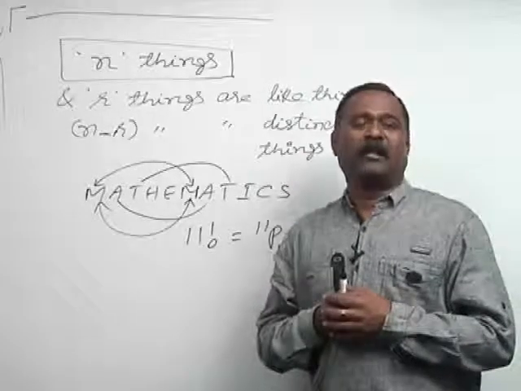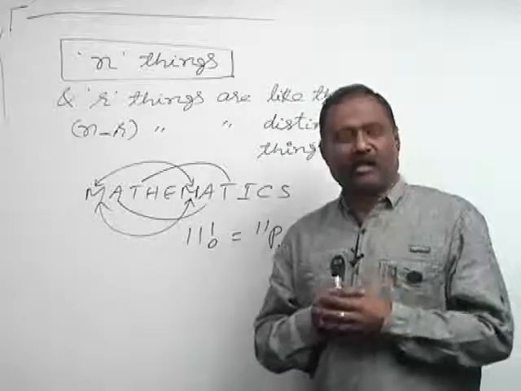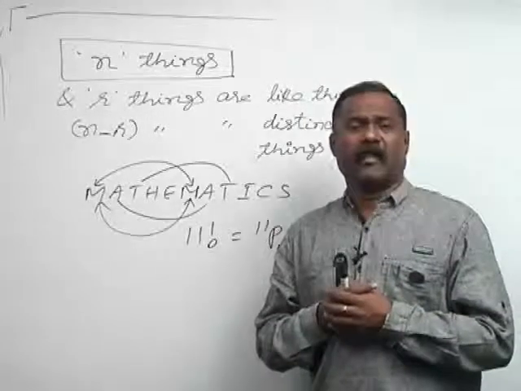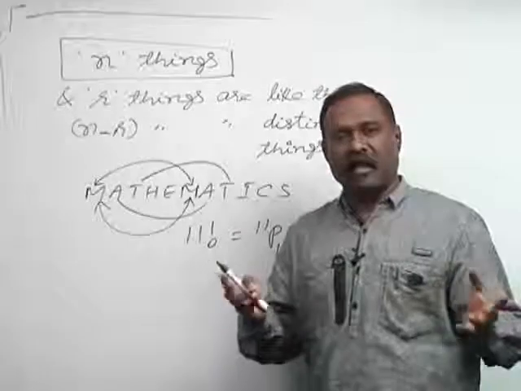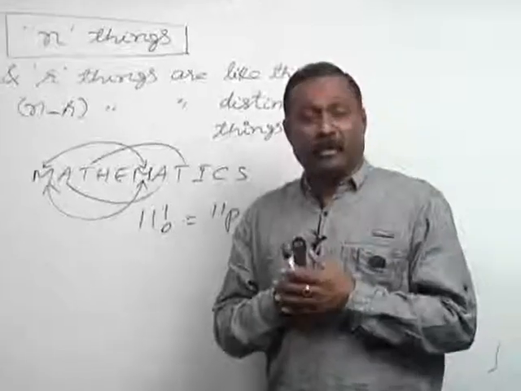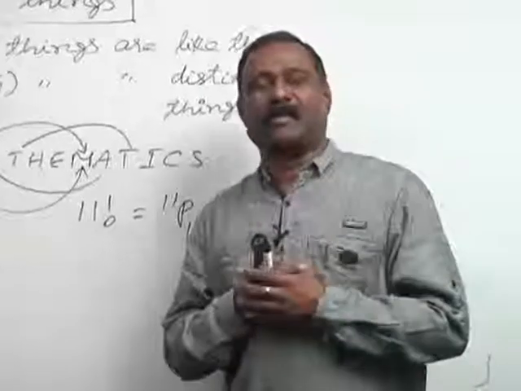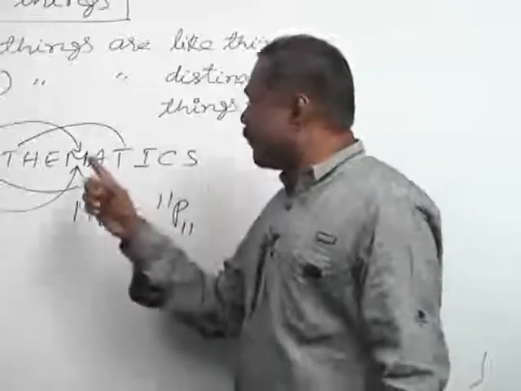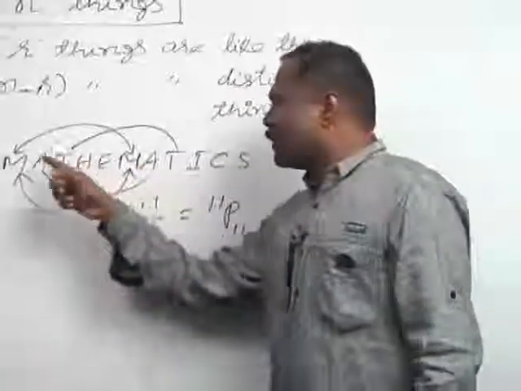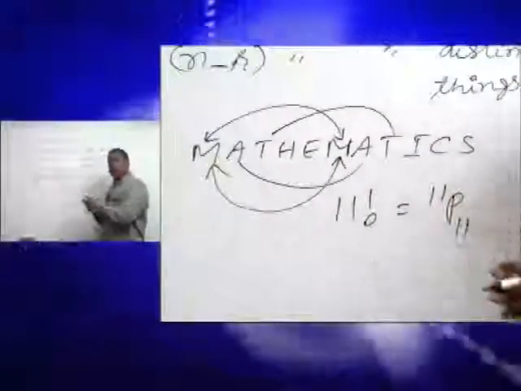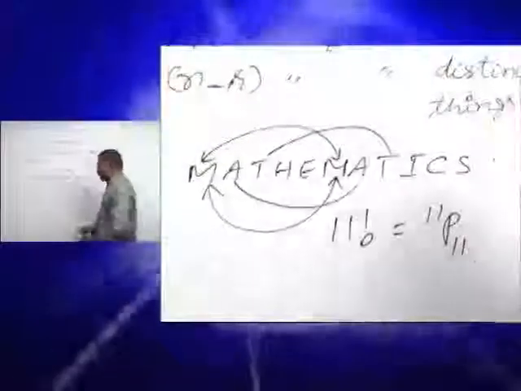Whatever is created by humans, some are like and some are distinct. So whenever repeated or like things are there, you have to count their number and divide by their factorial, and I'll explain it simply like this.